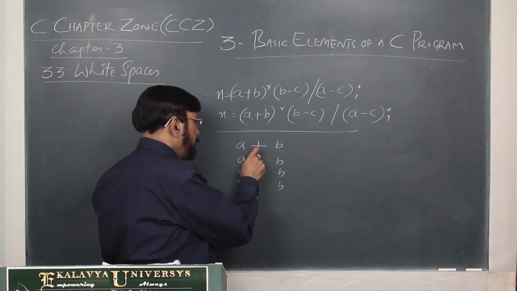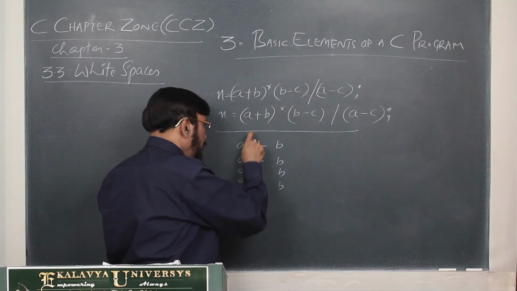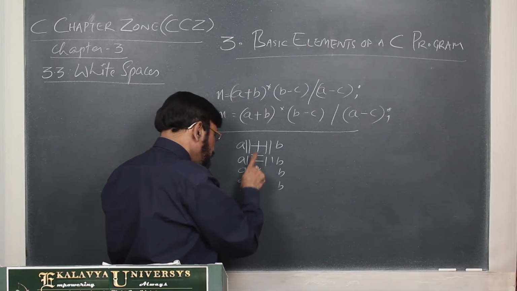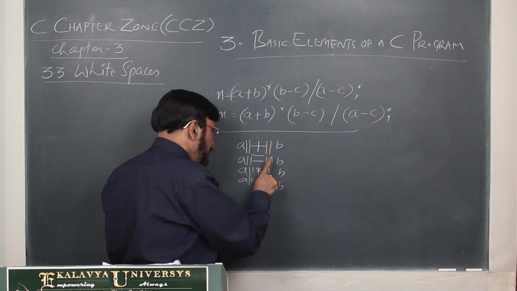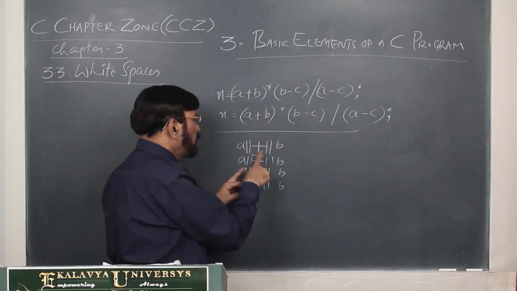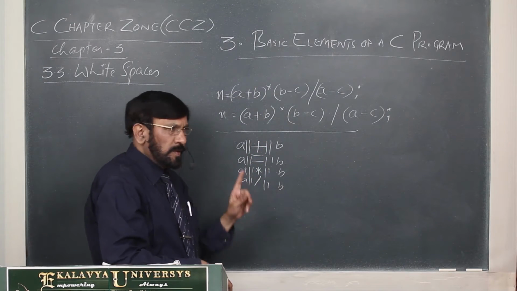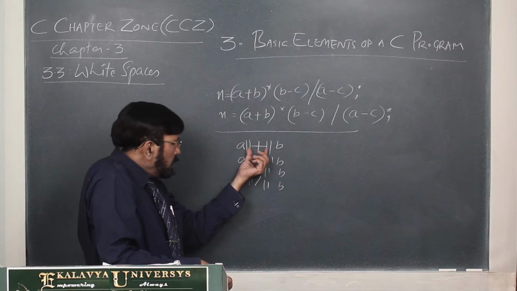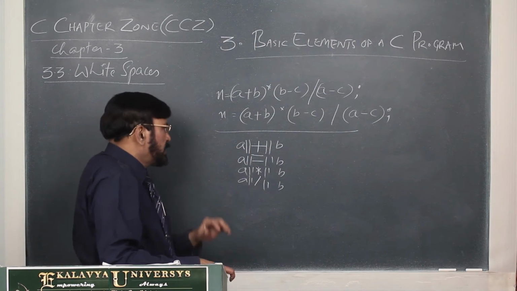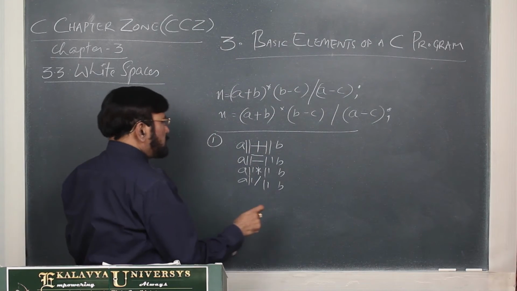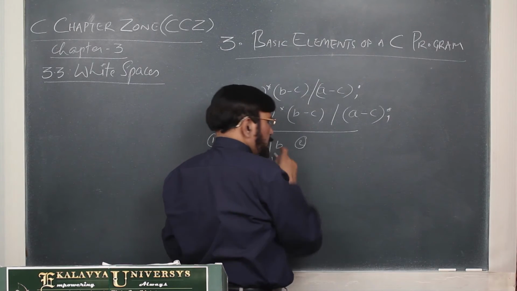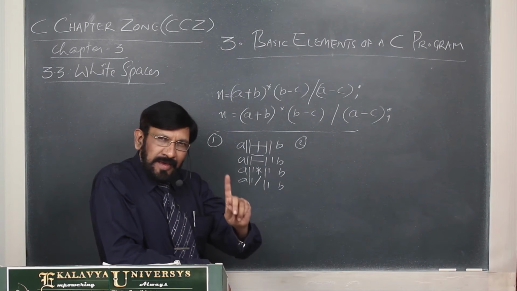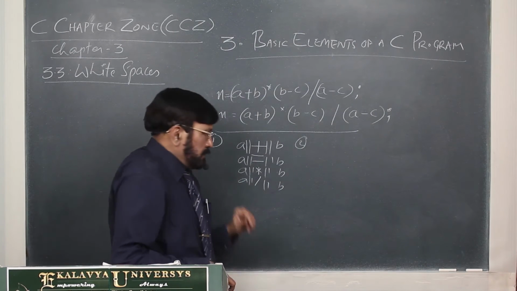Whenever you write a binary operator, leave space around it. From the beginning, please follow this. By that, your code will be more readable. So as far as binary operators are concerned, leave space around them. That's the first principle.